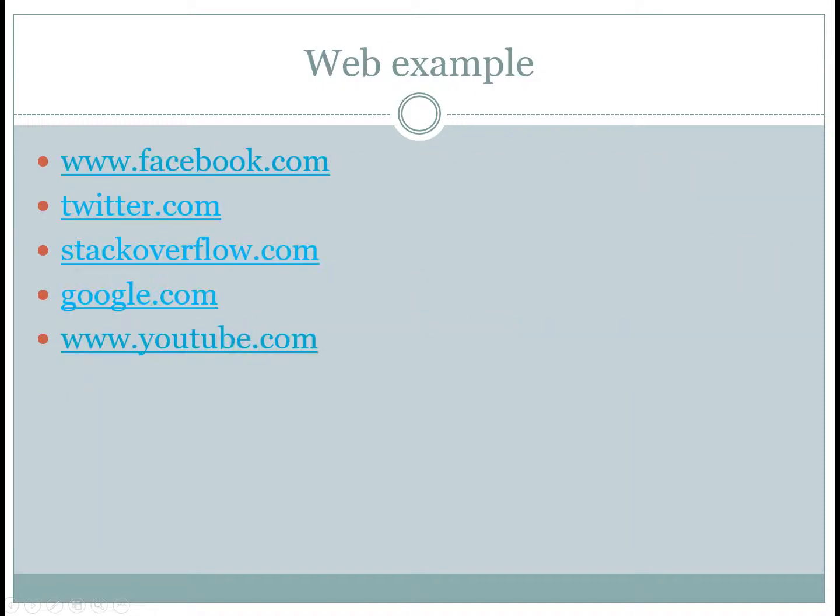Okay, next. These are web examples that use AJAX. AJAX is everywhere. To demonstrate it, let's briefly mention a few popular sites which take advantage of it. First, consider how Facebook and Twitter work. As you scroll down, new content appears thanks to AJAX.